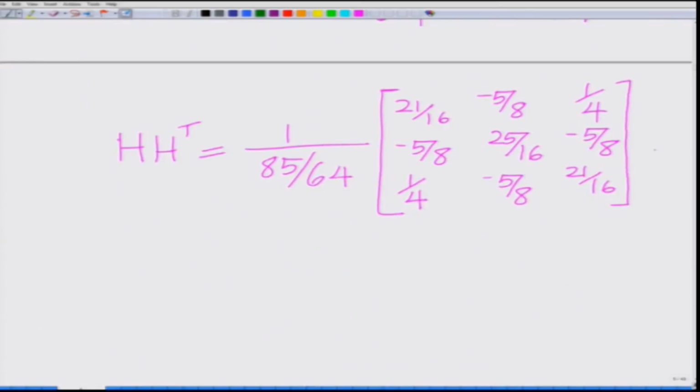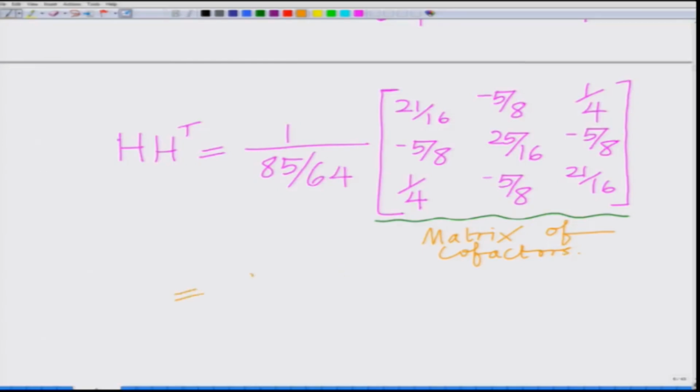So, you can look this up; this is the matrix of cofactors, which can be found in any standard textbook on linear algebra.